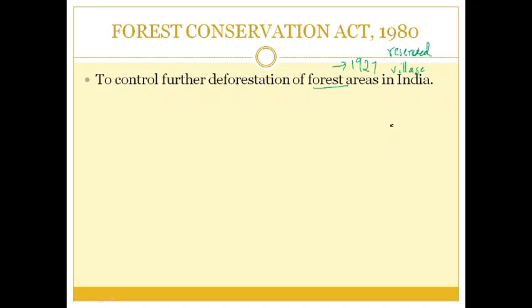So it defined the value of forest in terms of the timber production or the timber that we get from the forest. But later, after the 1950s, people began to appreciate the value of forest in a more holistic manner.